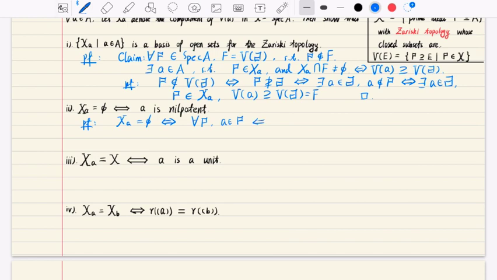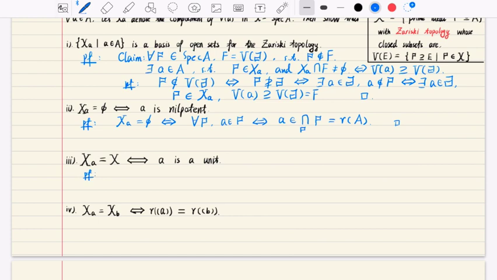And that is just equivalent to say that a belongs to the intersection of the prime ideals, so it belongs to the nilpotent radical of A, which is just equivalent to say this small element a is nilpotent. Very simple.